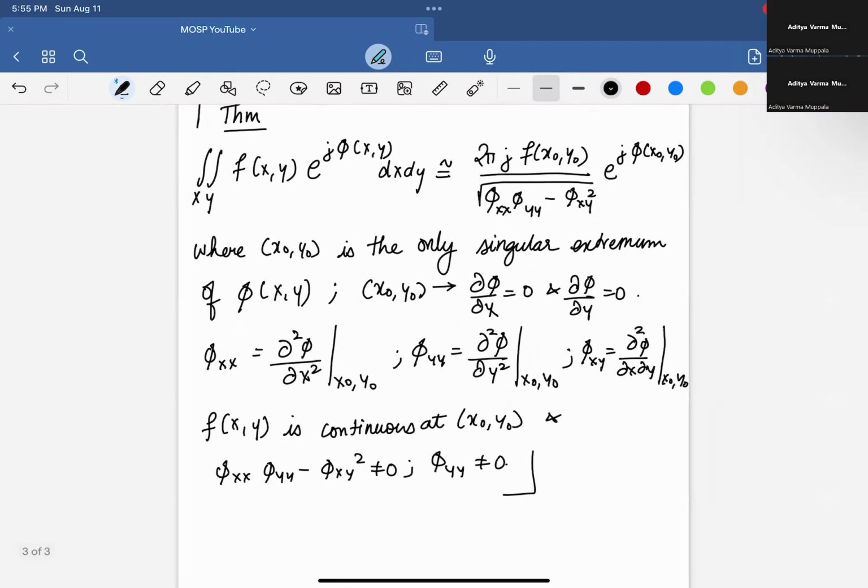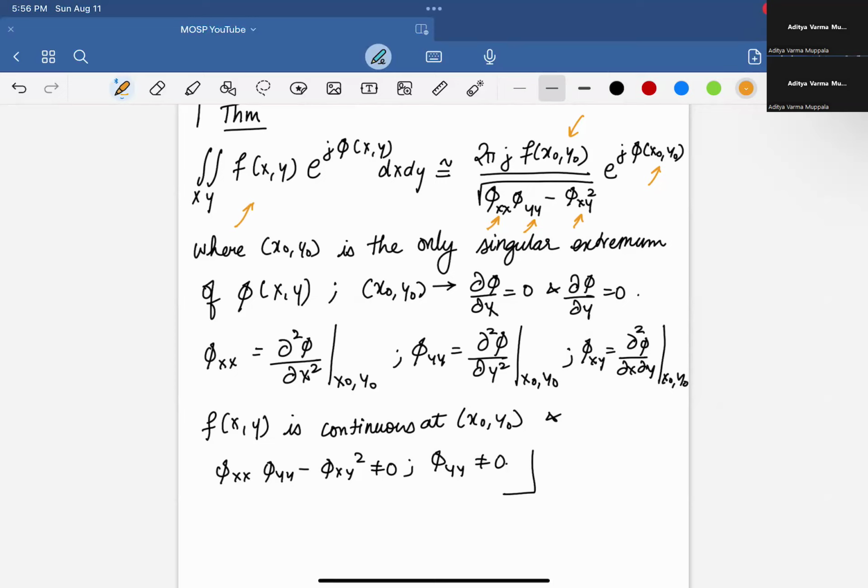Okay, so we see that essentially if we know what the value of f is at the stationary phase point and the value of phi at the stationary phase point, and all the second derivatives of phi at the stationary phase point, then we can evaluate this entire integral, right? So that's pretty amazing.